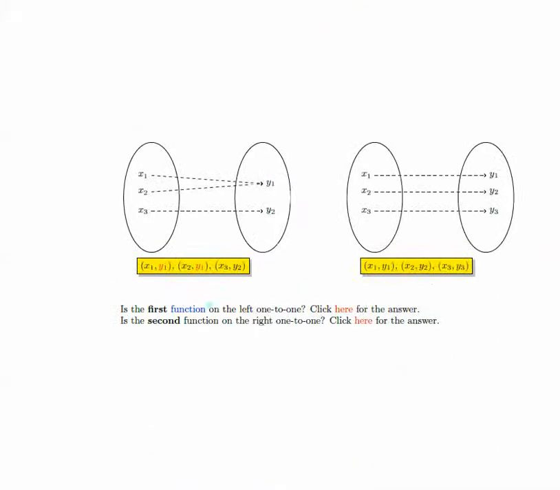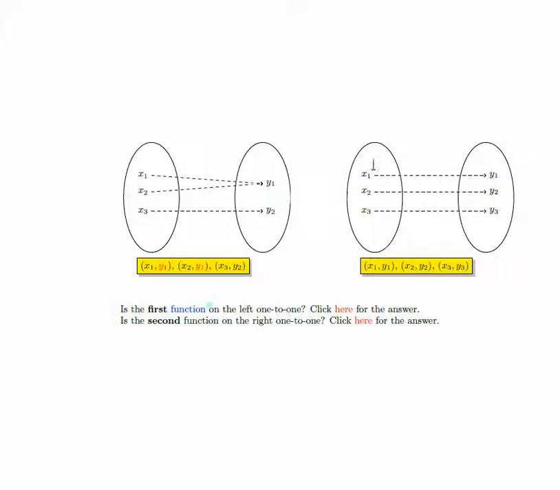Let's recall the meaning of a one-to-one function. You see down here on the left-hand side, we have different x values, x1 and x2, corresponding to the same value, y1. Then this function will not be one-to-one.